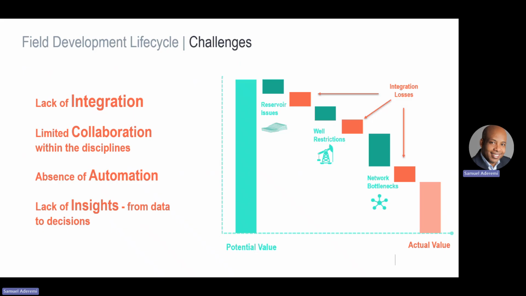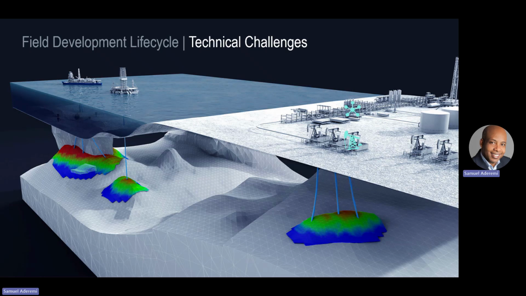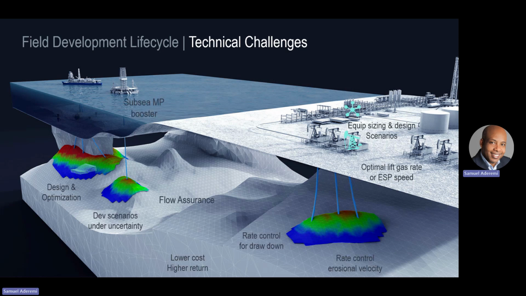that we propose in the projects. In this slide, I'm going to focus on the technical challenges. And there are many technical challenges, from flow assurance, the design optimization, the rates that can impact our model at any point in time.